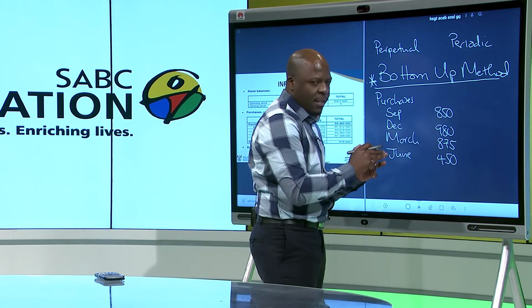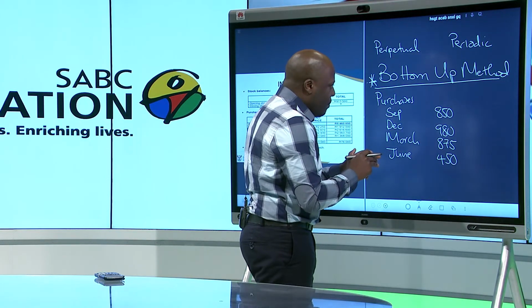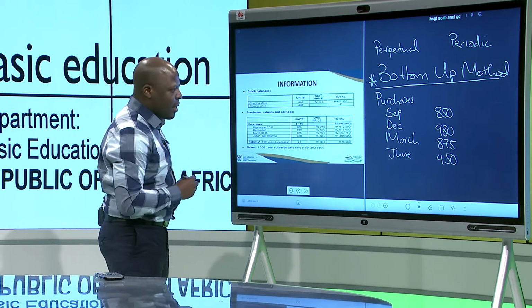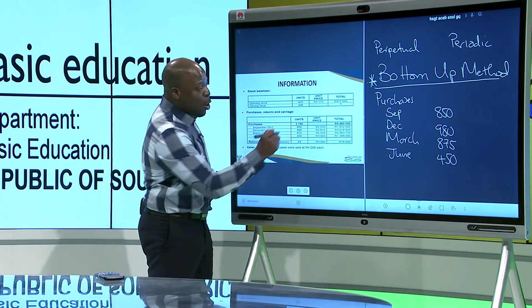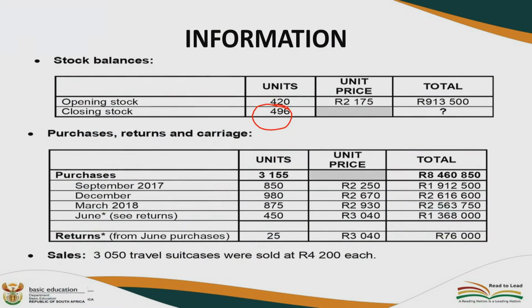Once you have these, the examiner wants you to calculate the value of closing stock. If I take you back to my question, you will realize that the closing stock is 496 units. And the examiner is already telling you, I don't have the unit price here. So I want you to calculate for me the unit price.